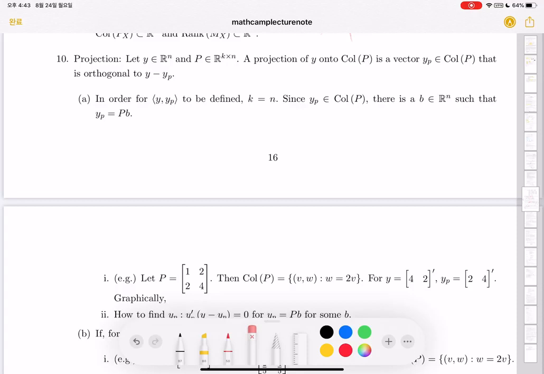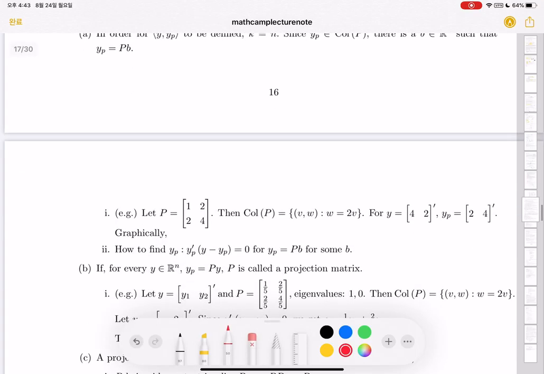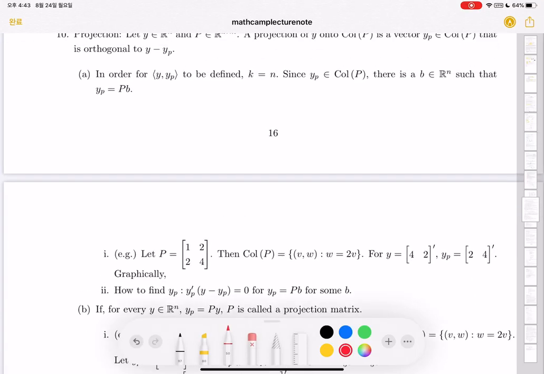Okay, so consider the following problem. y is in R3, and you are going to do the following projection. So consider the span of (1, 1, 1) and (x1, x2, x3).